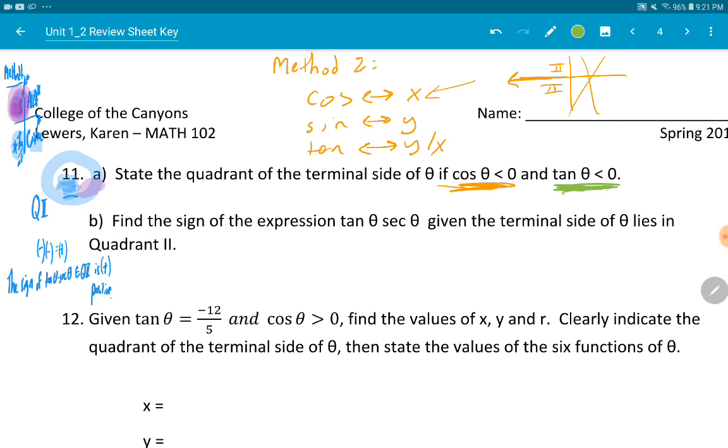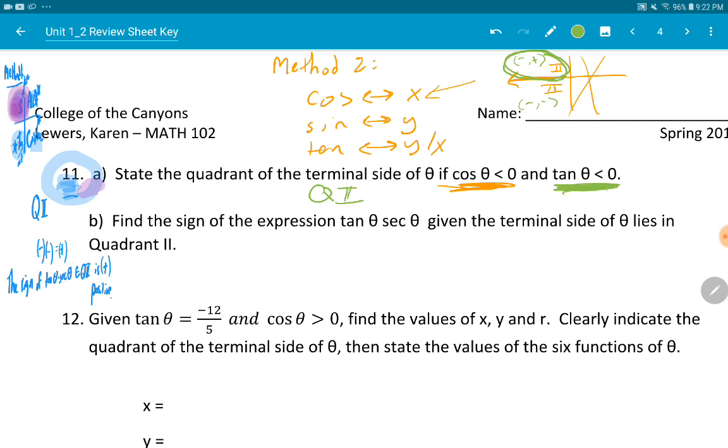So this tells me that x and y are different signs. So here x is negative and y is negative. And here x is negative, y is positive. So if x and y are different signs, and my only choices are either quadrant 2 or quadrant 3, it must be quadrant 2. So my answer for part A is quadrant 2.